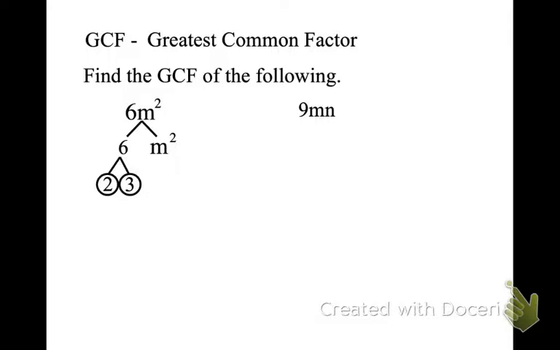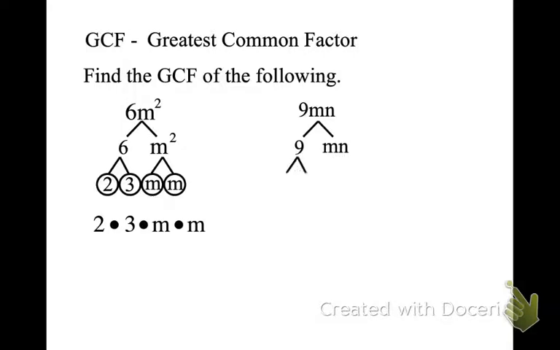M squared breaks down to m times m. Okay? 9mn breaks down to 9 times mn. Separate numbers and variables: numbers to one side, all the variables, even if there's multiples. 9 breaks down to 3 times 3. Mn breaks down to m times n.